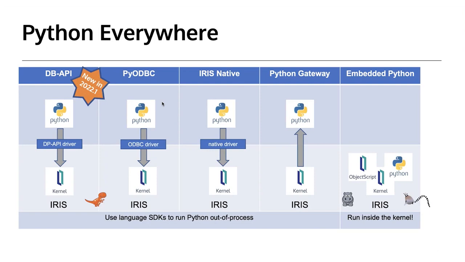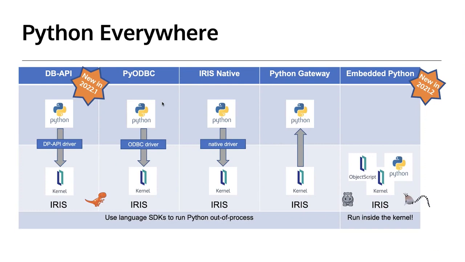So here are the 5 ways you can use Python with InterSystems IRIS. On the left, the first 4 ways involve Python talking to IRIS out of process, which means it's not sharing memory. They need to communicate via some kind of channel.